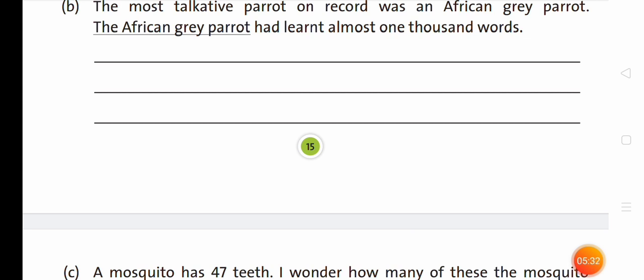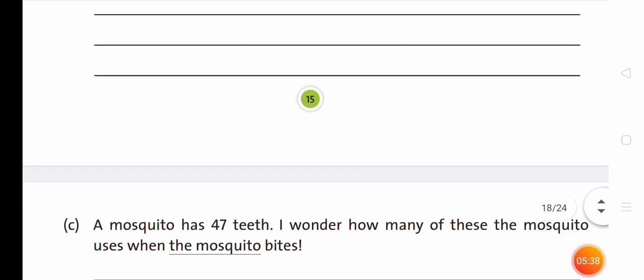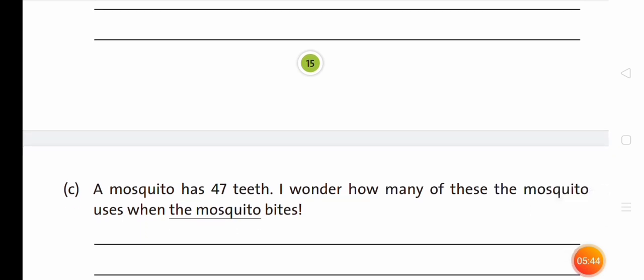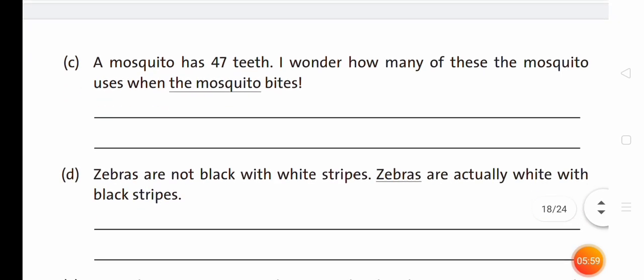Here African grey parrot is a naming word, and in place of the African grey parrot, we shall use it because it is a bird, and for the name of the bird we use it.